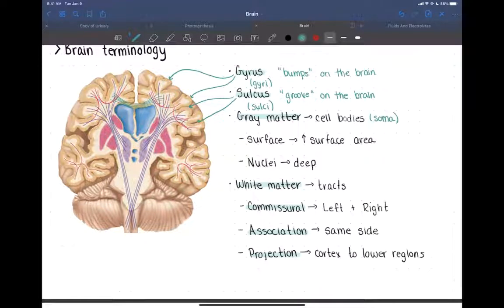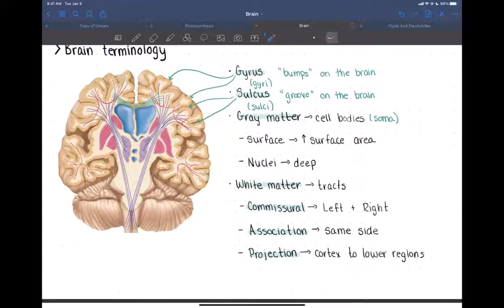We have gray matter on the surface of the cerebrum. You can see that here, how it's a darker tan color. That's all gray matter, and it's wavy and convoluted to increase the surface area where you have those cell bodies.